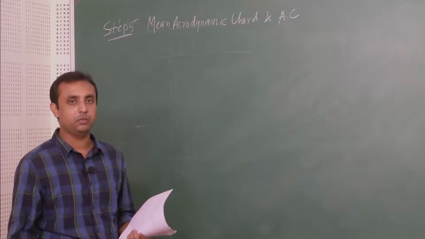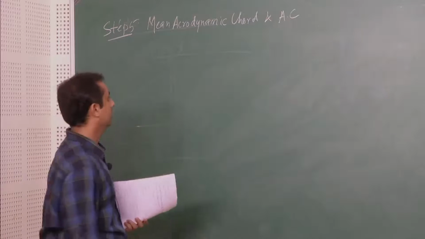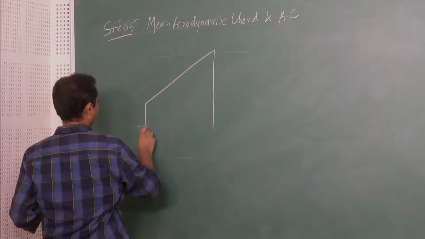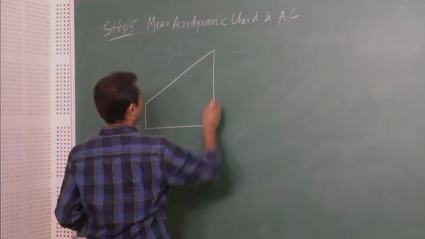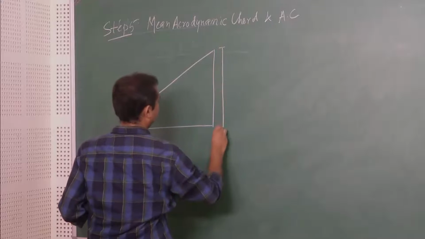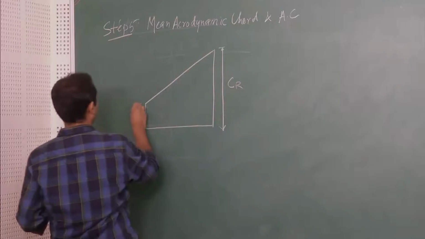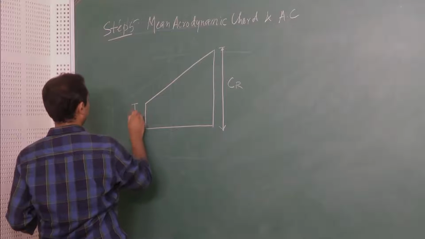You can either use a geometrical method or you can use a formula. In geometrical method, you know the tip and root chords. This is your root chord, this is your tip chord.